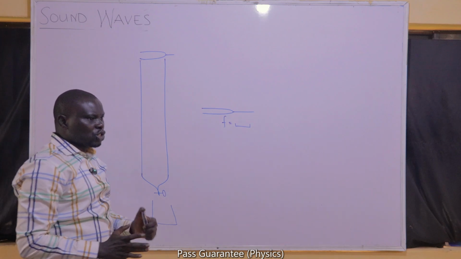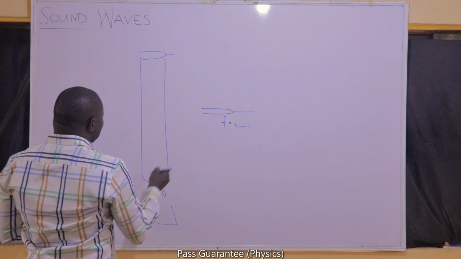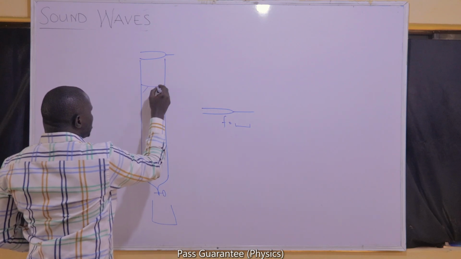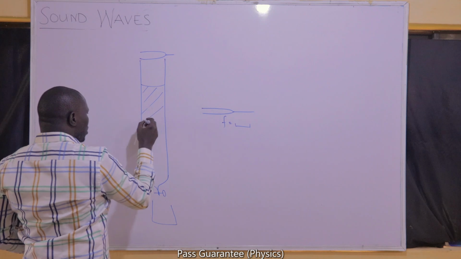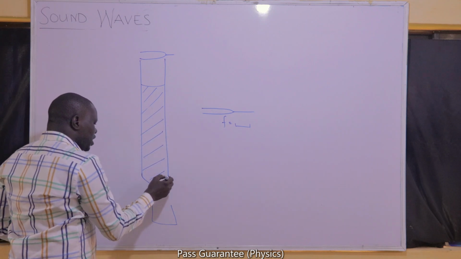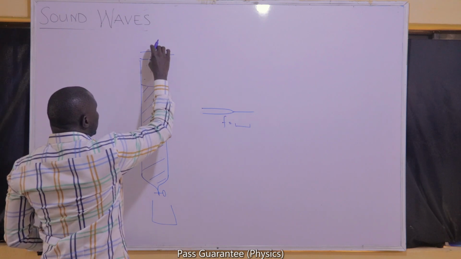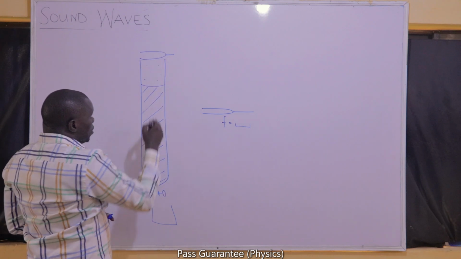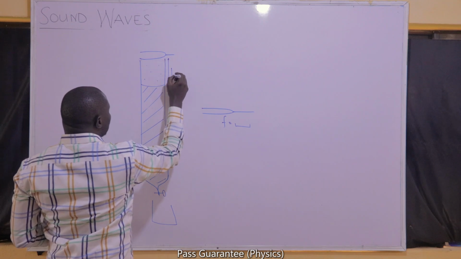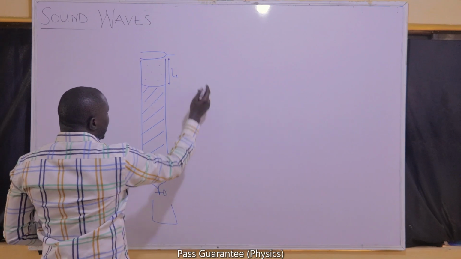Let us assume that the water has been drawn out up until this level, such that the quantity of air that we have here is the one that resonated with the tuning fork. We'll take our ruler and measure the length. Let's call it L1.